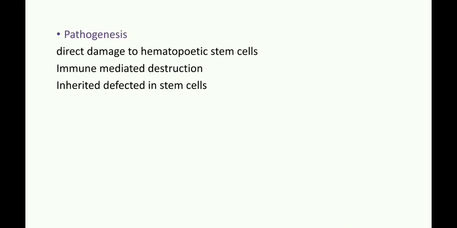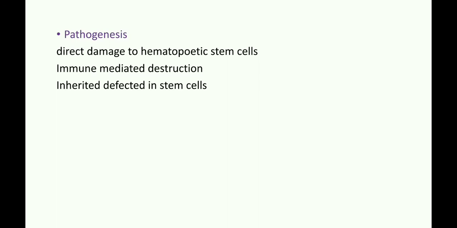So here you can see the pathogenesis: either it can be direct damage to the hematopoietic stem cells, or it can be some immune mediated destruction. That is, when some antigens are exposed, the T cells can be activated against that. So that is immune mediated destruction, and it can also be some inherited defect in the stem cells.